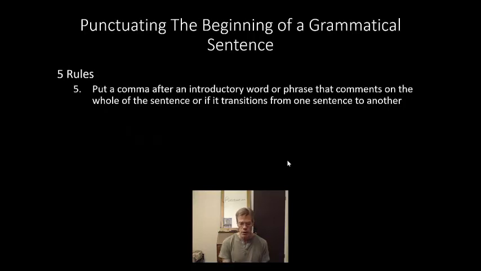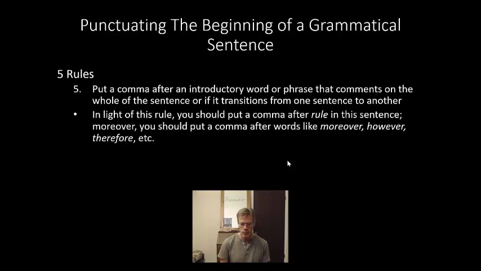And then our 5th rule, put a comma after an introductory word or phrase that comments on the whole of the sentence, or if it's a transition from one sentence to another. So in "In light of this rule," you've got a prepositional phrase that comments on the whole of it. You should put a comma after "rule" in this sentence. And then we begin our next grammatical sentence. "Moreover," comma, you should put a comma after words like moreover, however, therefore.